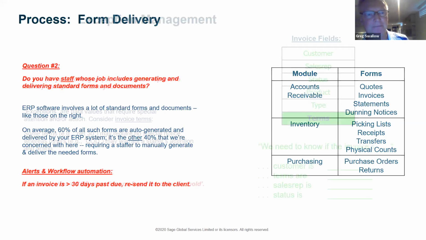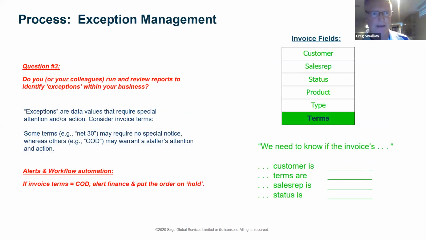When we talk about exception management, if an invoice is COD terms, right, cash on delivery, is there something on that order that we need to be aware of or let our shipper be aware of? That order must be fulfilled in full, no short shipments allowed, no shipments to receive on Saturday, those types of information that's coming in.